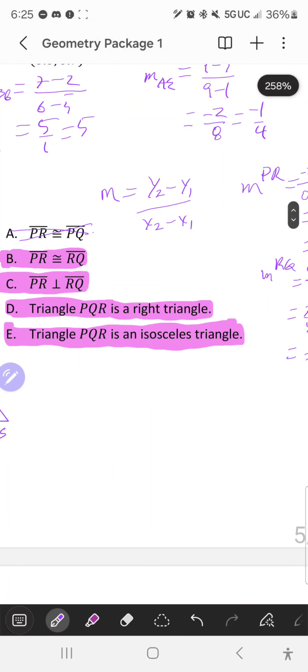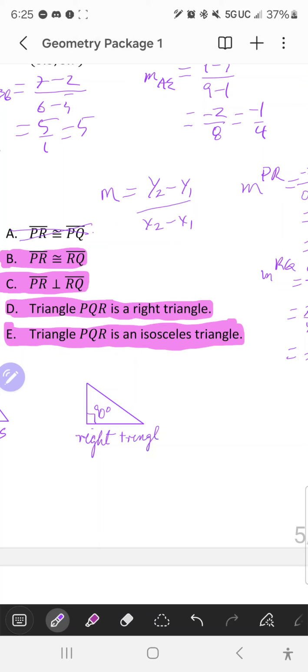A right triangle is a triangle that has one right angle. We don't worry about how long its sides are, it's just their angles. So if it has one right angle, which is the same as a 90-degree angle, then it is a right triangle.